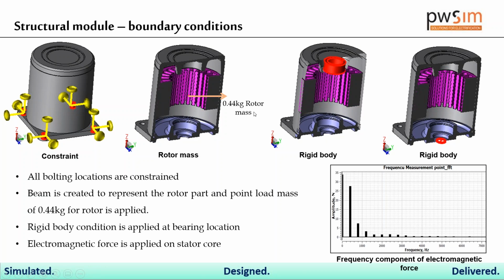You can see a mass of 0.44 kg is applied on the rotor, and based on that, when you apply this force on the rotor mass, how much frequency, how much effect is happening on the motor, that is what we are studying here. When you are pressing the rotor with a mass of 0.44 kg and it is bolted from all locations, based upon that, you can get a frequency measurement chart, how much force is being produced within the motor.